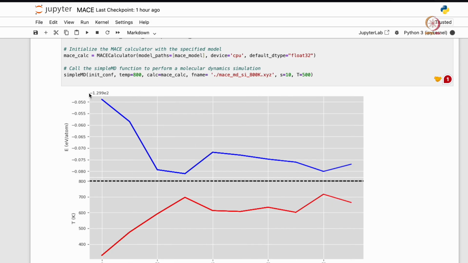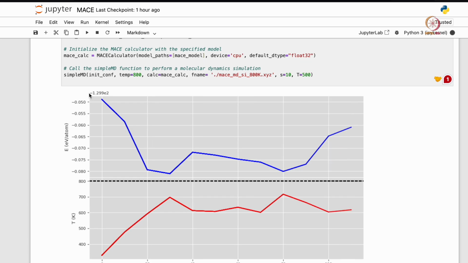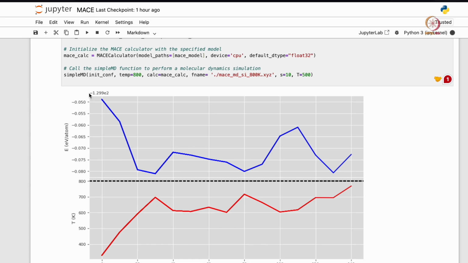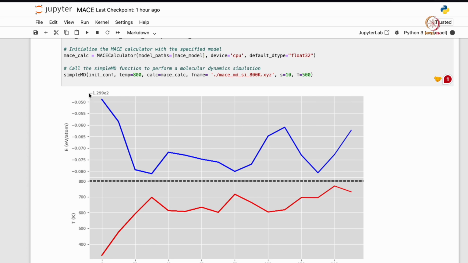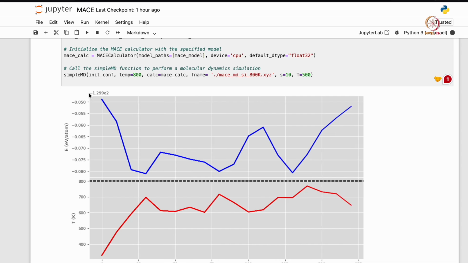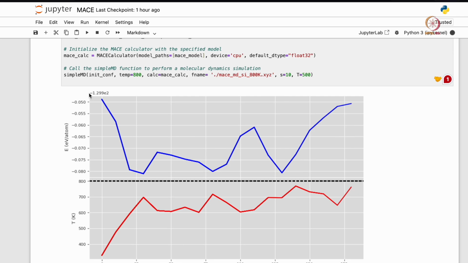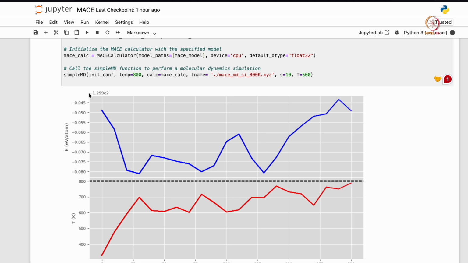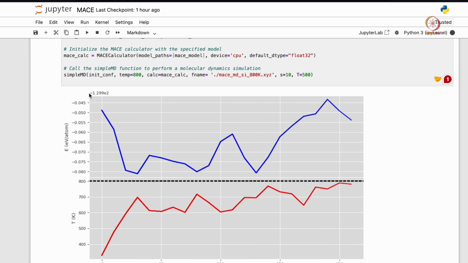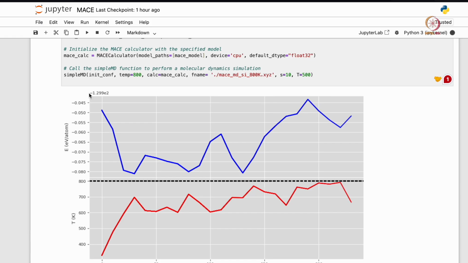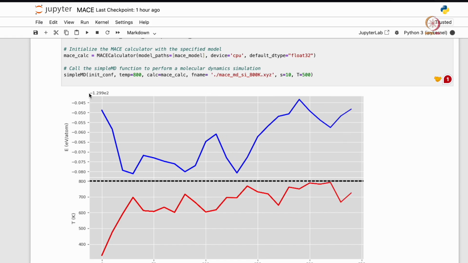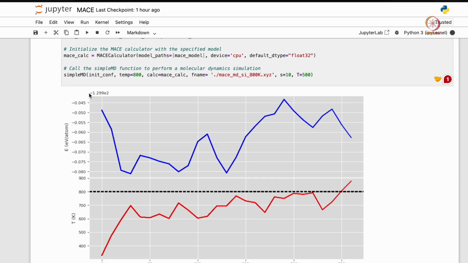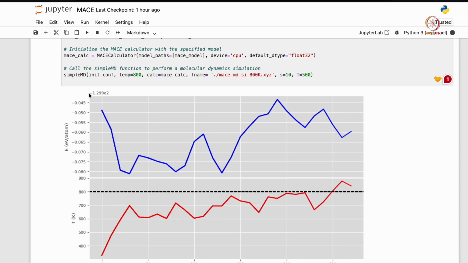What's happening at the back end of the simplemd function is that the initial velocities and the forces are initialized based on the Maxwell-Boltzmann distribution at 300 Kelvin. If you look at the Maxwell-Boltzmann distribution at 300 Kelvin, you will see a distribution of velocities. That's how you initialize your initial structure, and how it evolves is based on something called Langevin dynamics.